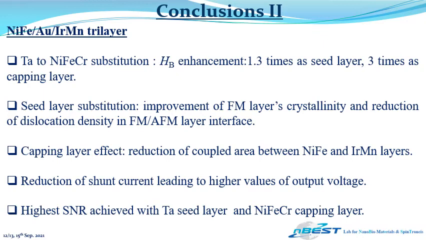The reduction of the coupled area between the nickel iron and iridium manganese layers was affirmed as well by using the capping layer, and the shunt current reduction leads to higher values of the output voltage due to the increase in the active current value. And finally, the highest signal to noise ratio was achieved with tantalum as a seed layer and nickel iron chromium as a capping layer combined together in the trilayer structure mentioned earlier.